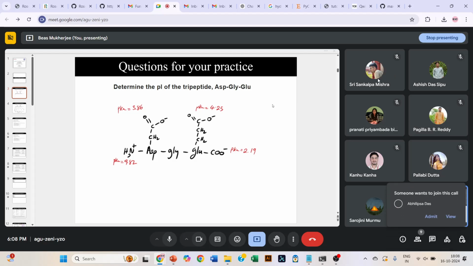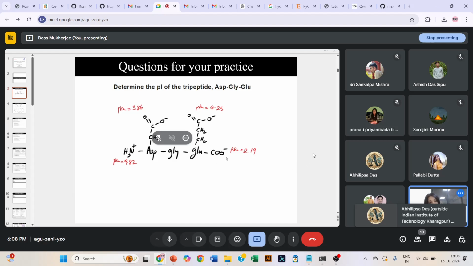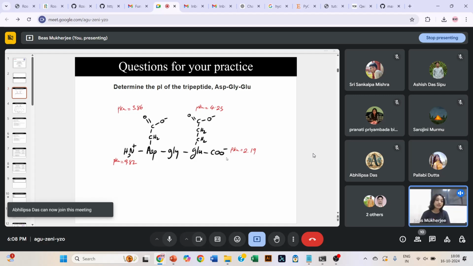All the pKa values are given to you and they are asking you to solve this. Okay, it's a simple question, but this is a very scoring question. These kind of questions will come in your exams. So it's very important that you know how to solve them. You can solve them and answer in the chat box. Okay, and in the next slide, we will look at the answer.